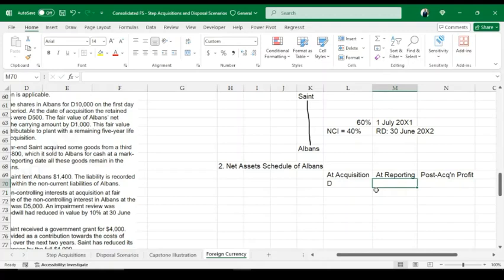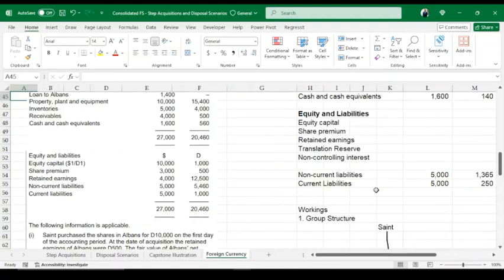Okay, so what are the net assets of the subsidiary? We go to the statement and then we see that the net assets include equity, capital, share premium, retained earnings. Okay, so those 3 items there.